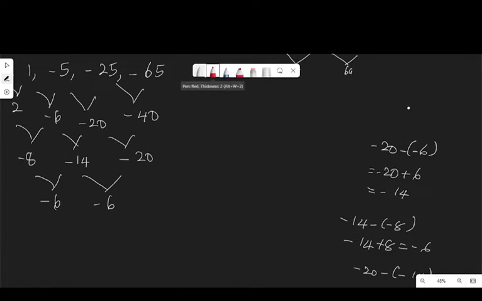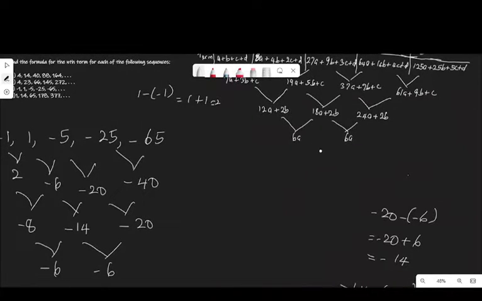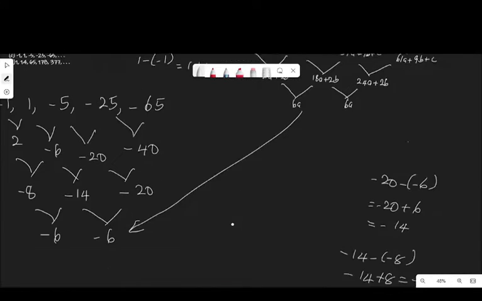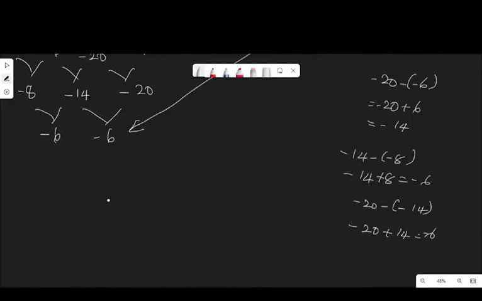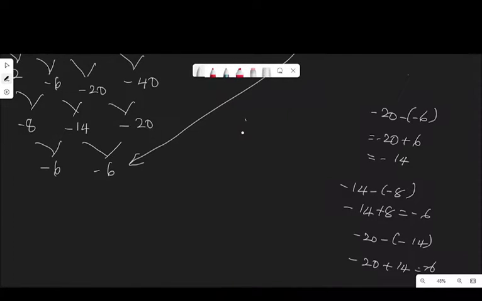Okay, now if I compare this row here with this row, 6a is equal to minus 6. That means a is minus 6 over 6, which is minus 1.